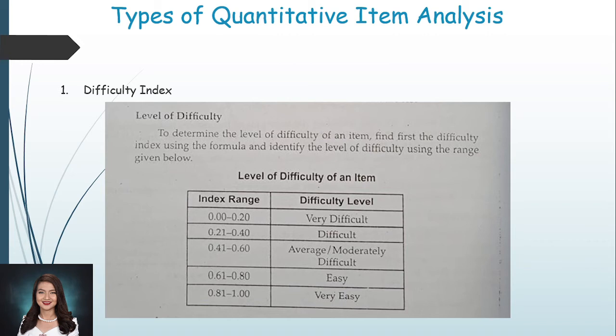From 0.00 to 0.20, that falls in the very difficult level. 0.21 to 0.40 is the difficult level. 0.41 to 0.60, the average or moderately difficult level. 0.61 to 0.80, the easy level. And 0.81 to 1 is the very easy level. The higher the value of the index of difficulty, the easier the item is. Hence, more students get the correct answer and more students mastered the content measured by that item.